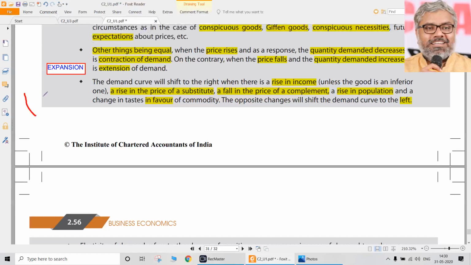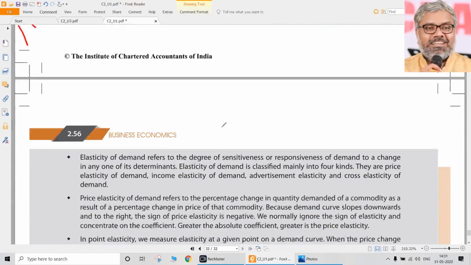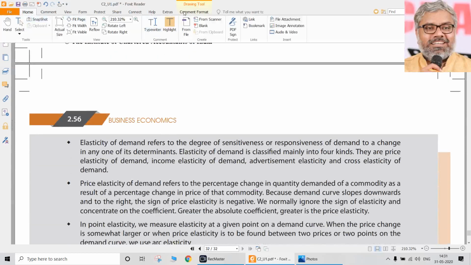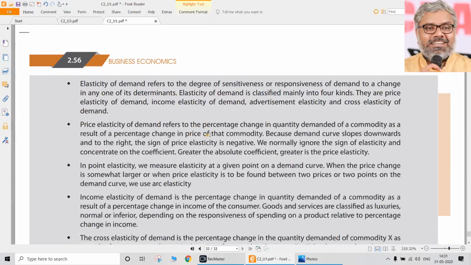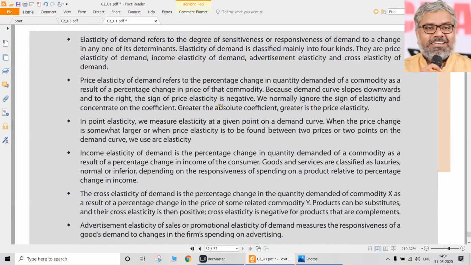So if this is the demand curve, if the movement is rightwards, that means there is an increase in demand. If the movement is leftwards, that means there is a decrease in demand. And when will that happen? When any change is going to have an impact on the demand, either in the form of increasing it or decreasing it. That is a possibility. Any of them are possible. We have to just understand that particular case which we encounter in the question that is given to us. That should be our focus point.